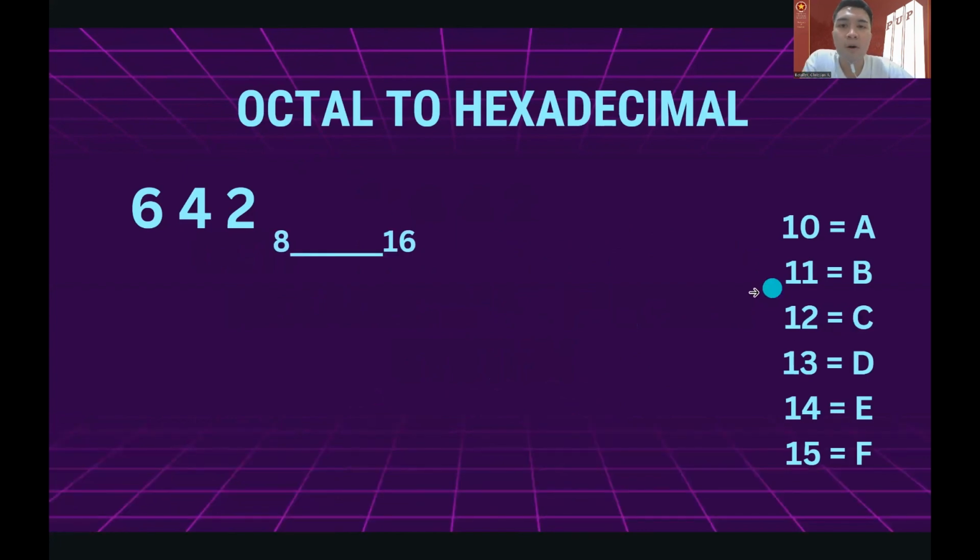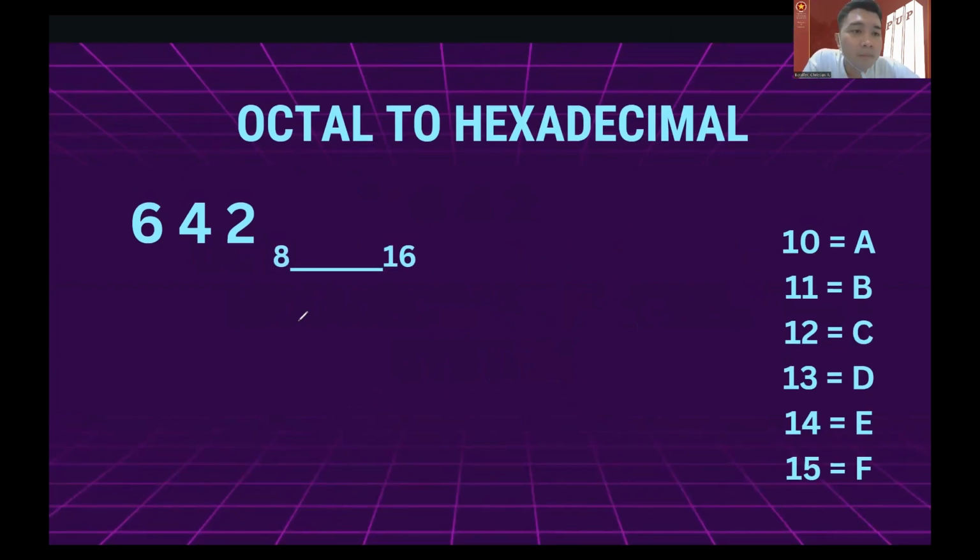So, proceed tayo sa conversion of octal to hexadecimal. To convert octal to hexadecimal, so we will just put 6, 4, 2 here. We will just set aside them. So, yung sample is 642 octal to hexadecimal. Ito yung kaakibat na letters to numbers.